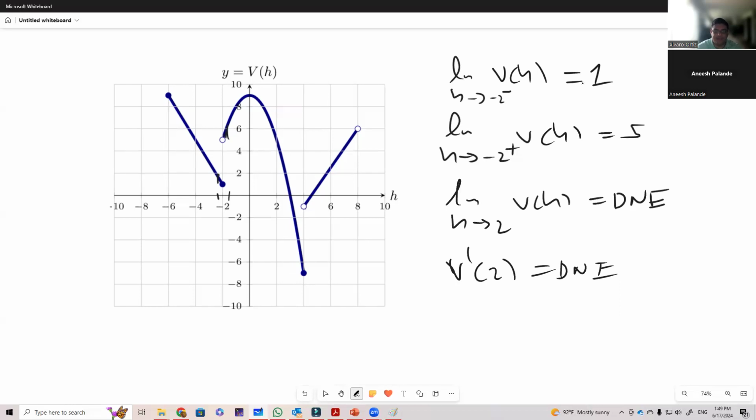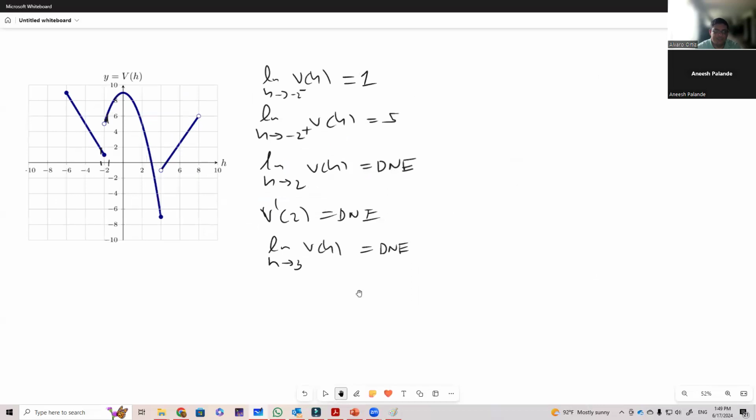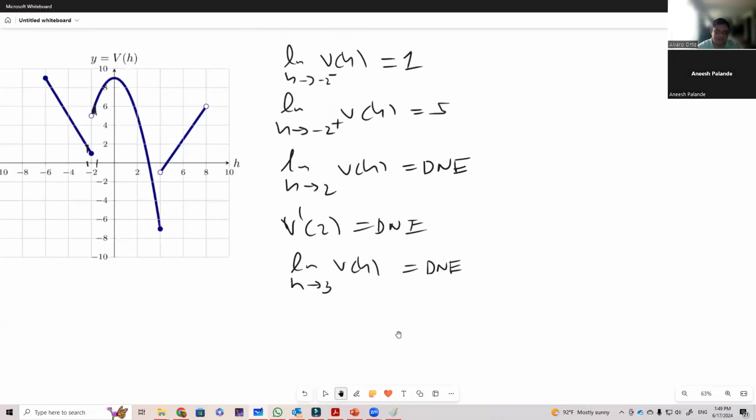Same thing happens in the limit when h goes to 3 of bh. We also have a do not exist situation. Here the reason is a little bit different. Well, it really isn't: the side limits do not match up.